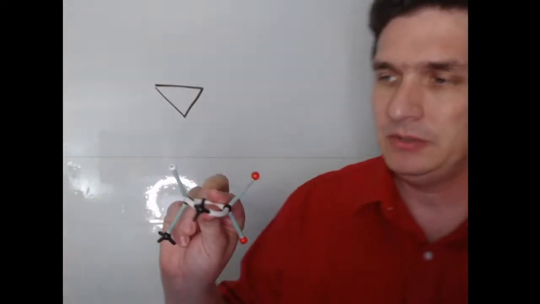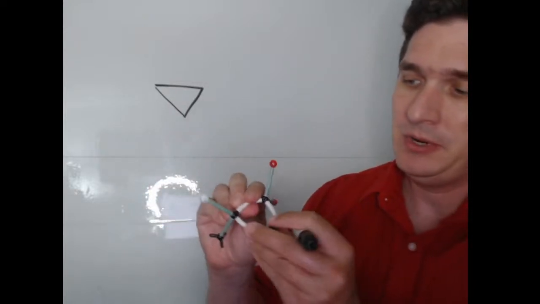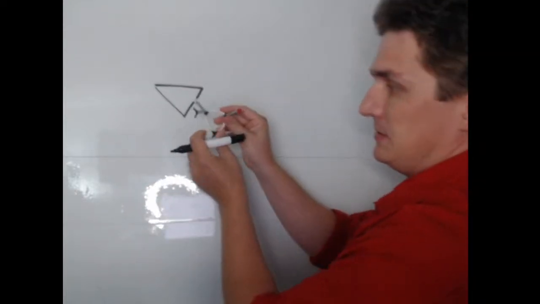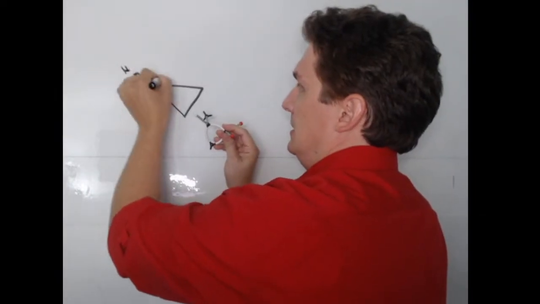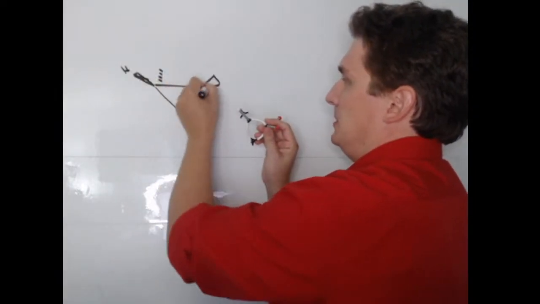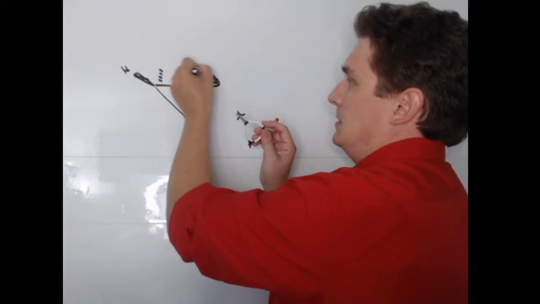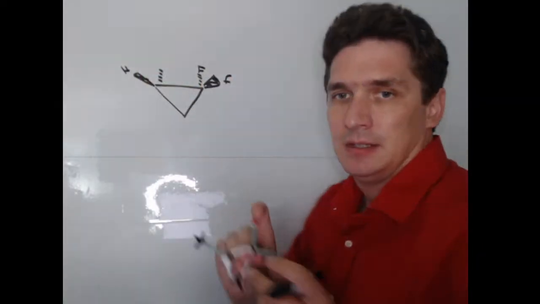So this is the molecule as it is in the program. Personally, the way I would draw it is I would turn it flat, so the triangle's in plane, and then I'd have the hydrogen coming out and the CH3 group going back.